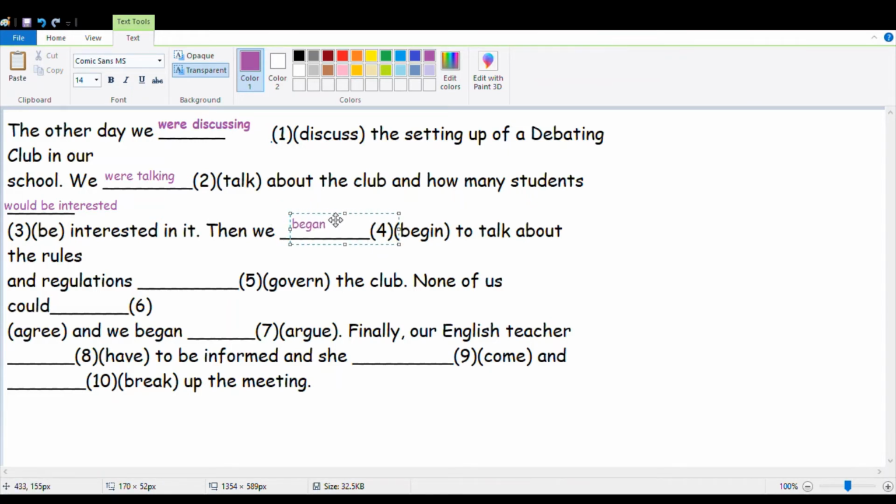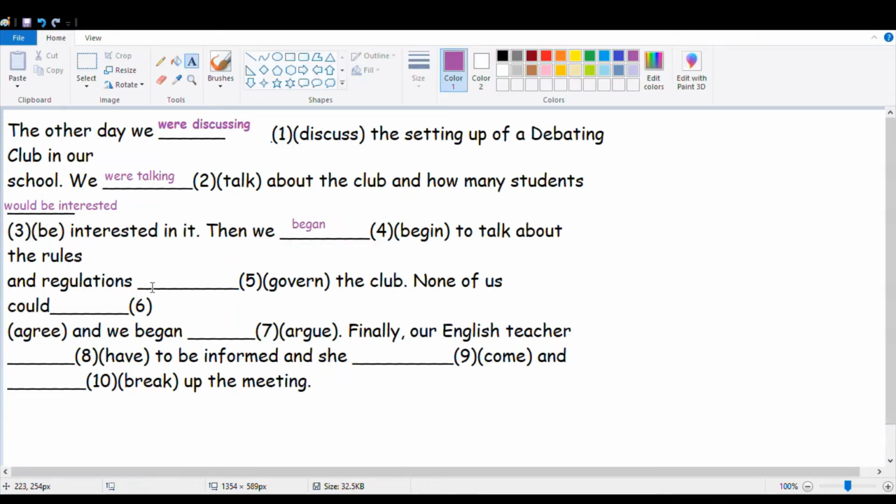Okay, then we began to talk about the rules and regulations. Okay, so now we have our next word, govern. Okay, the club. So then we began to talk about the rules and regulations govern the club. Okay, they gave you kind of a tricky one.